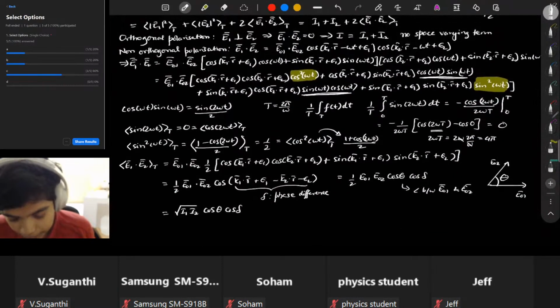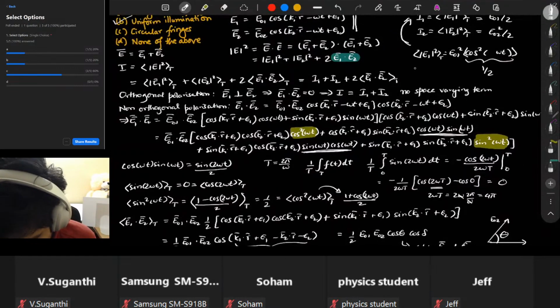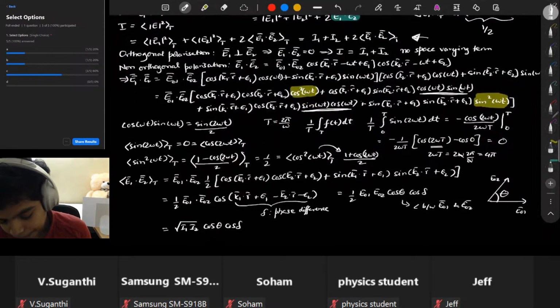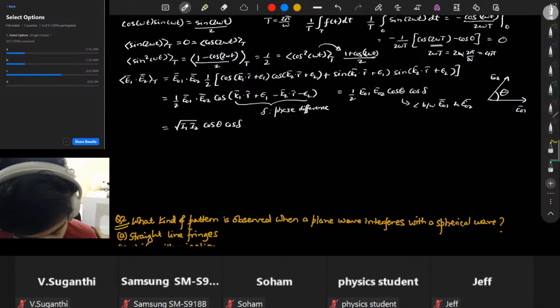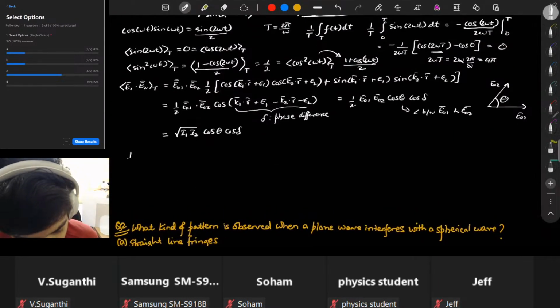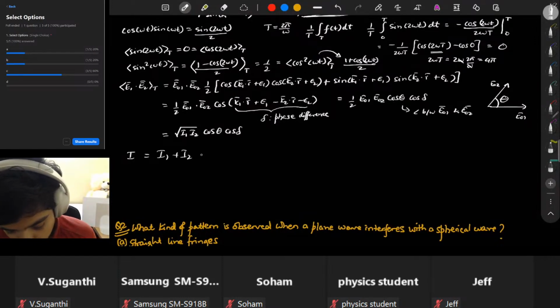Finally, the expression for I we can get by putting all the terms into this expression. Our final result is I equals I1 plus I2 plus 2 root I1 I2 cos theta cos delta.